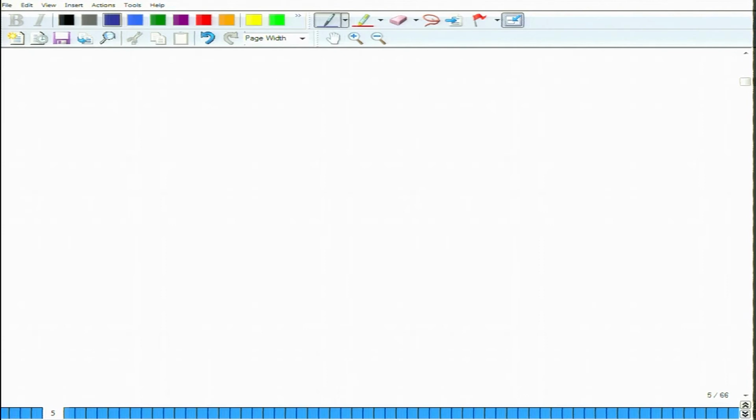So, we have taken a 3 axis system, this HKL UVW system, and this notation applies to all the crystal systems.